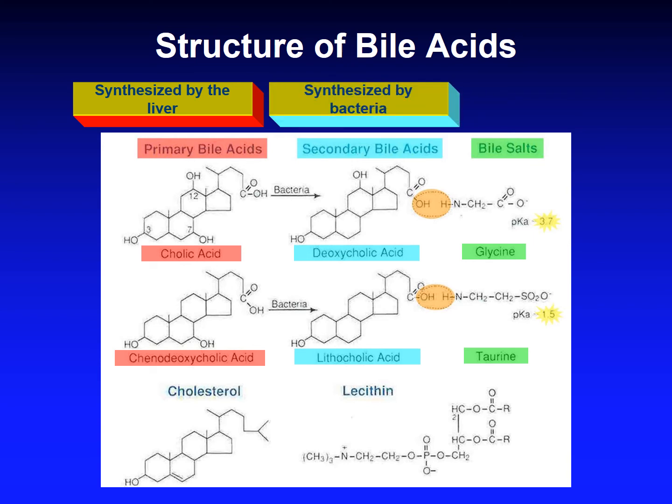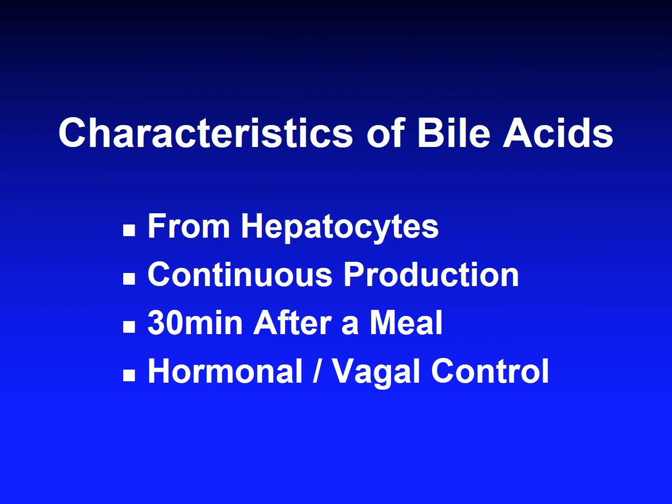Okay, so now bile acids. We choose to talk about bile acids first because they form half of bile secretions. 50% of your bile secretions consist of bile acids. They're synthesized in the hepatocytes, in the liver, and they're continuously produced.